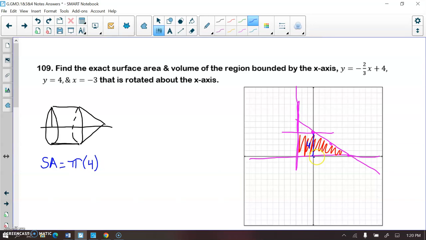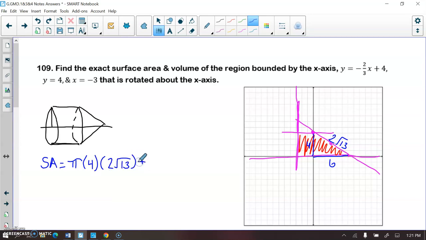My radius is 4, my height is 1, 2, 3, 4, 5, 6. So if I do a 6 squared plus a 4 squared, I get a 52. And a 52 is divisible by 4. So 2 root 13 is my slant height of that cone.